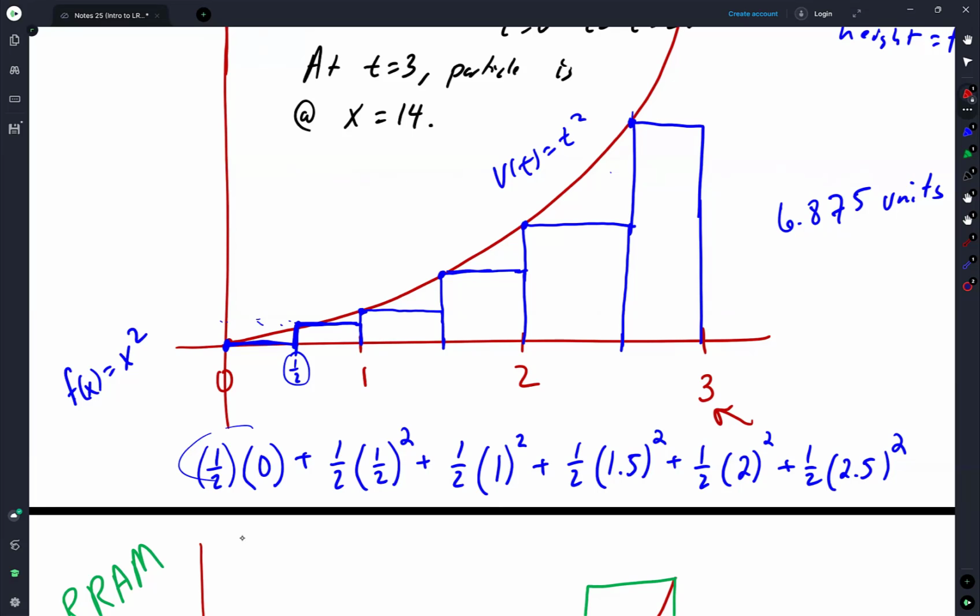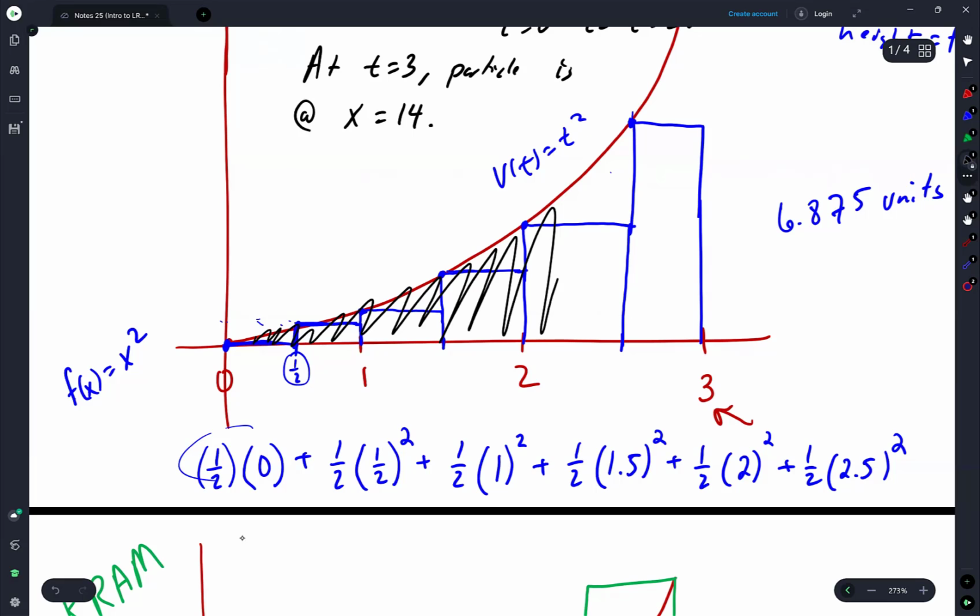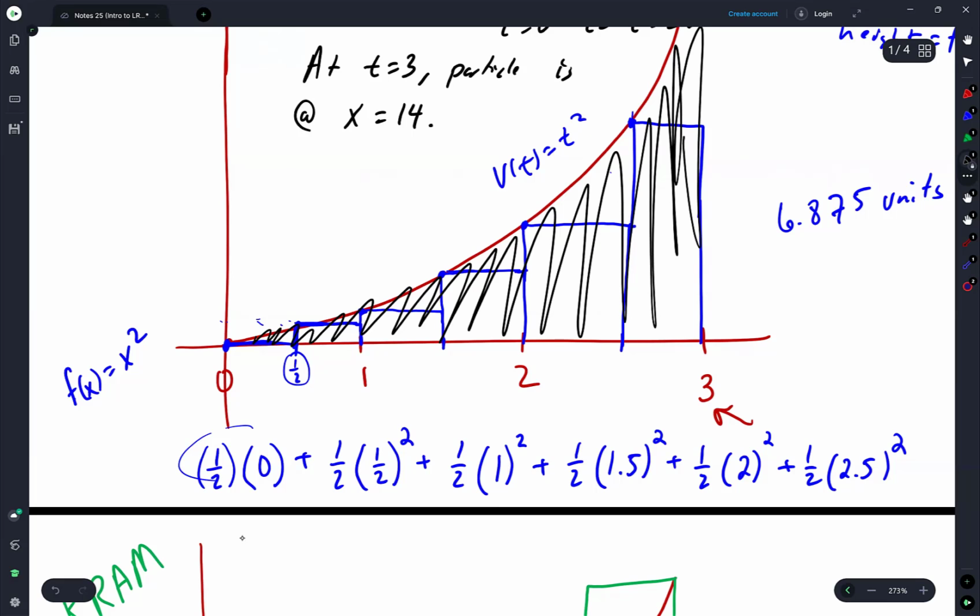It was an underapproximate. I didn't get the true area. The true area is all this. That's my true area. And we are going to figure out how to get the exact area. We're just not there yet. We're about 2 days away from that. So we need Friday and then we'll get there on Monday.